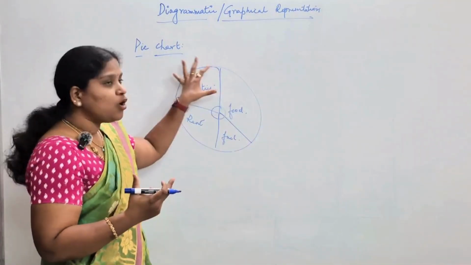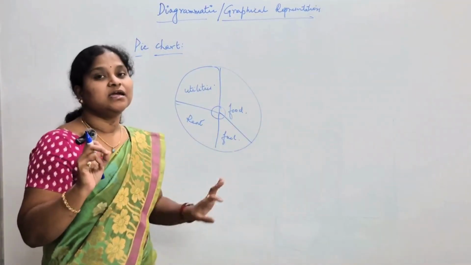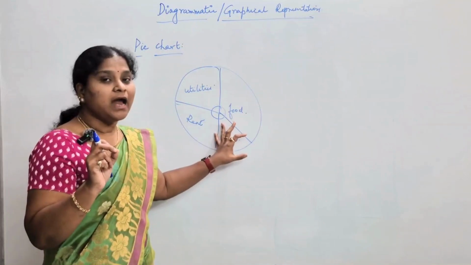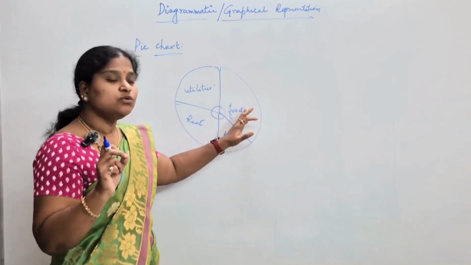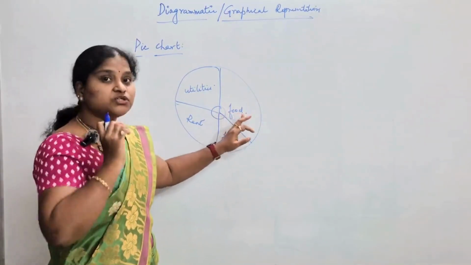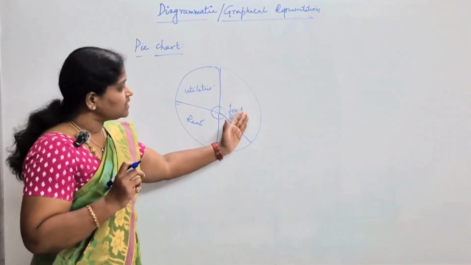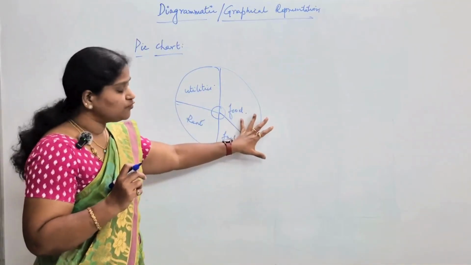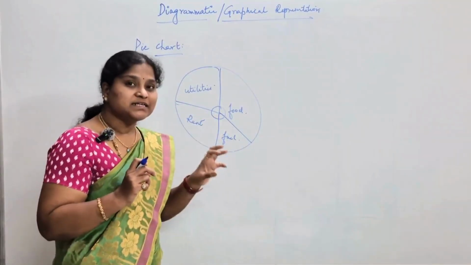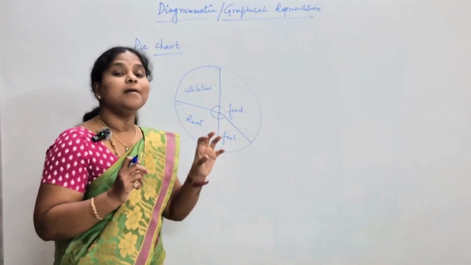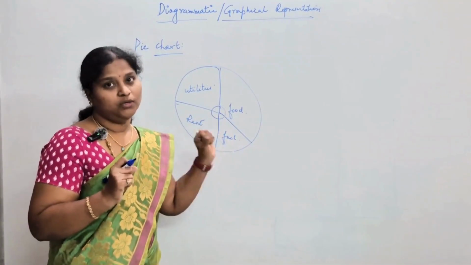Here, my whole component is of 360. It is considered as 360 and the proportion of each value is considered with respect to 360. Here, the pie chart is divided into food, fuel, rent and utilities, and it is represented in percentage of the whole.